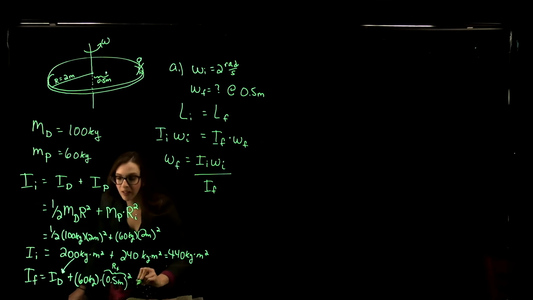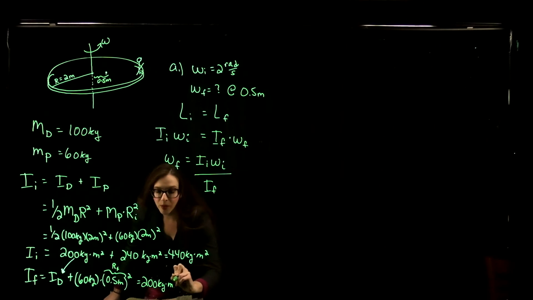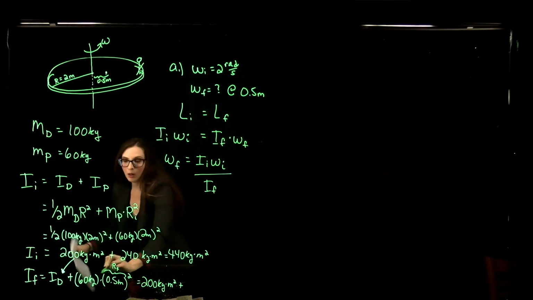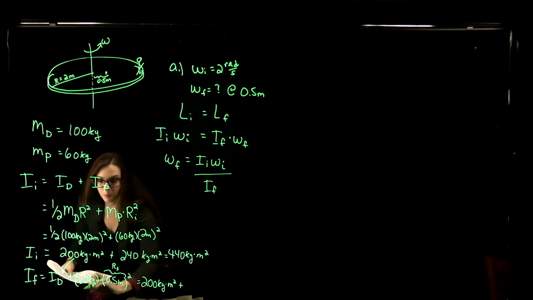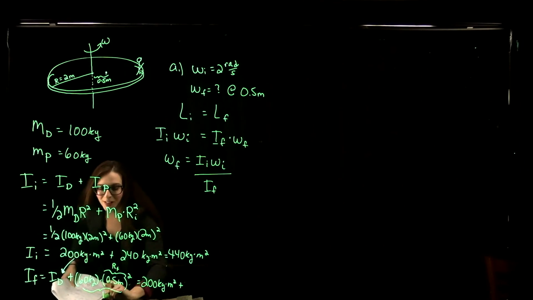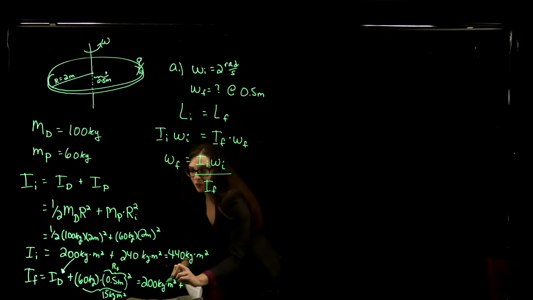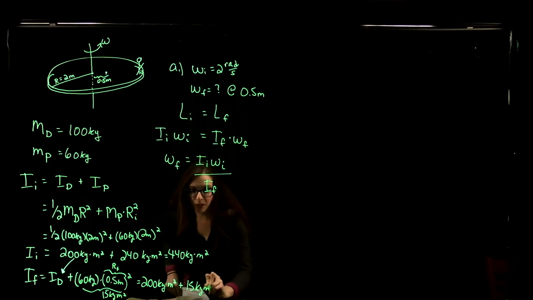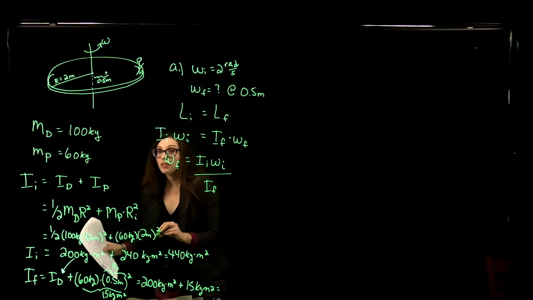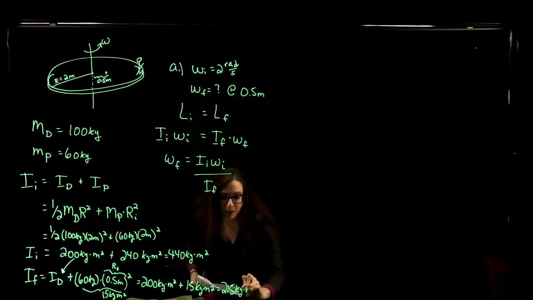Okay, and so then that's going to equal the 200 kilogram meter squared plus this new moment of inertia, which turns out to be 15 kilogram meter squared, which is 60 times 0.5 squared. So then this is 200 kilogram meter squared plus 15 kilogram meters squared. So the final moment of inertia of the system is 215 kilogram meter squared.